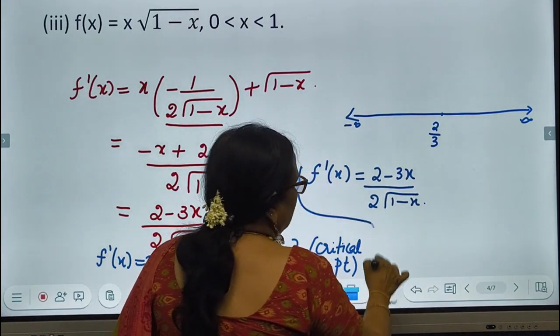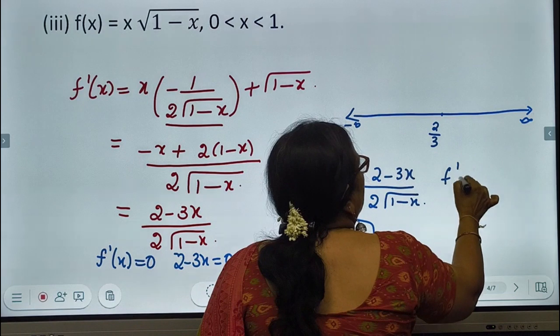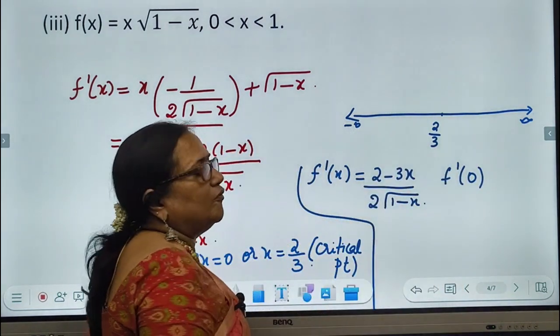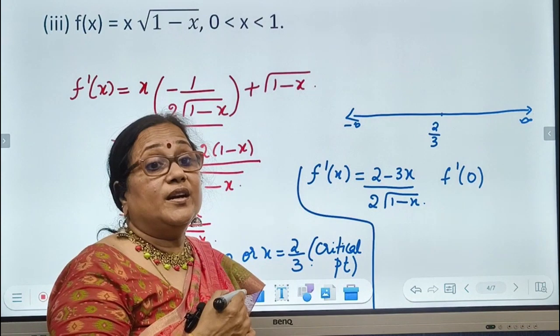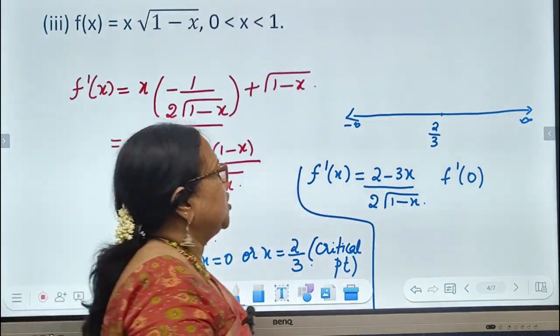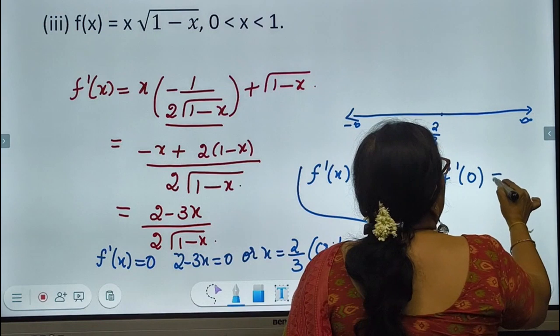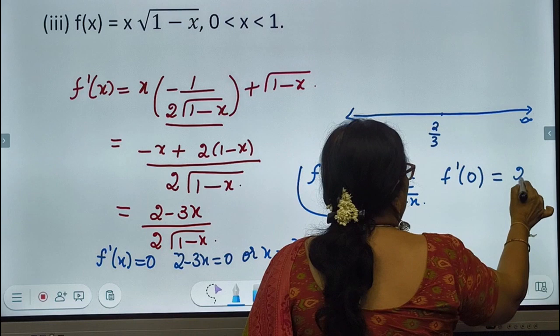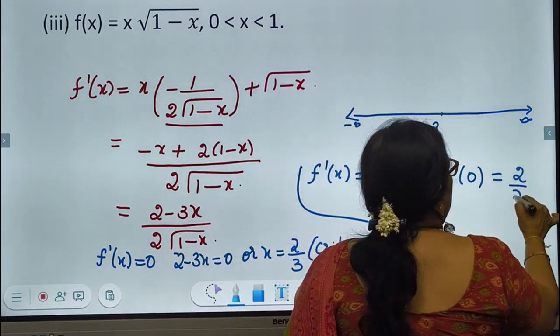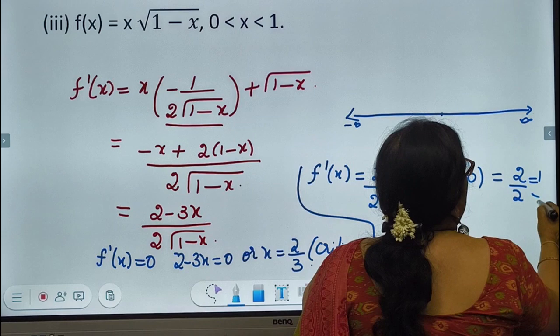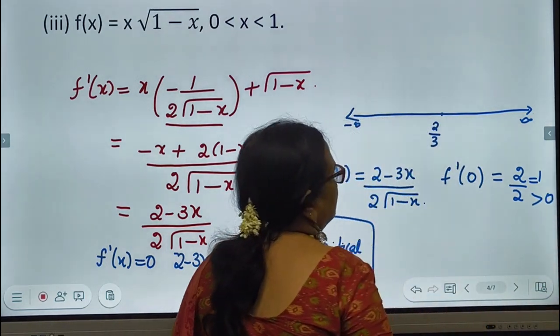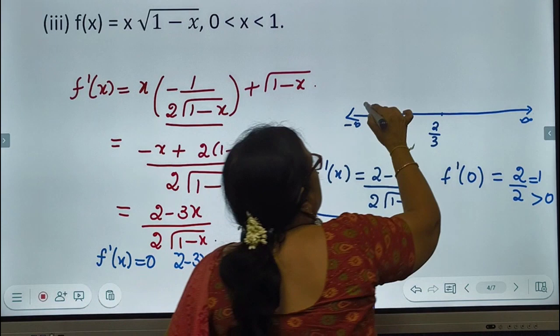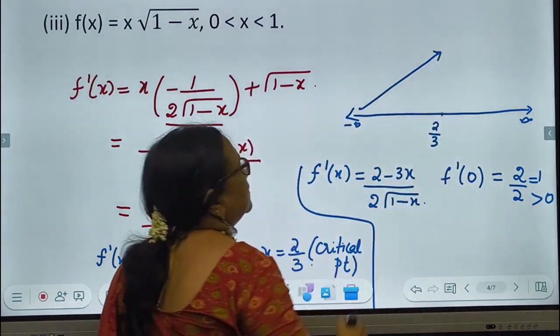Let me find out f dash of 0. I can substitute 0 to choose a point to the left of x equal to 2 by 3. f dash of 0 will be 2 by 2, which is 1, which is greater than 0. So the function is increasing.